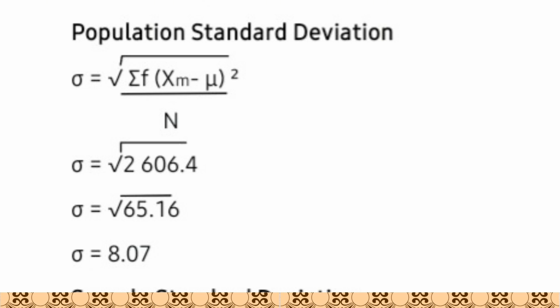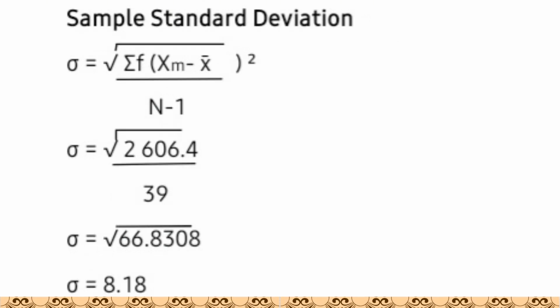So here in our example, the sum of squared deviations from the mean weighted by frequency is 2606.4 divided by 40. 40 is the population size. So the answer is 65.16, and we get the square root of 65.16. The answer is 8.07.